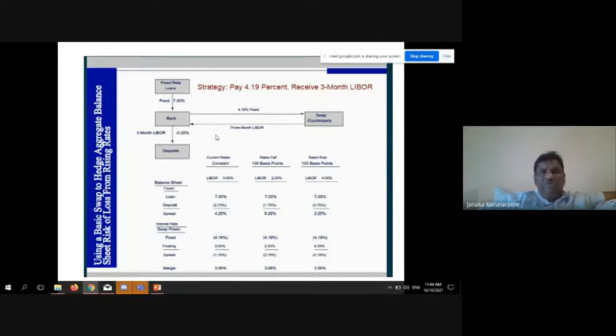If the 3 months LIBOR rate goes to 10%, what is going to happen to me, from, let's say, the current level of 6%?